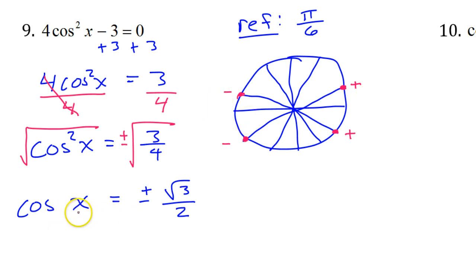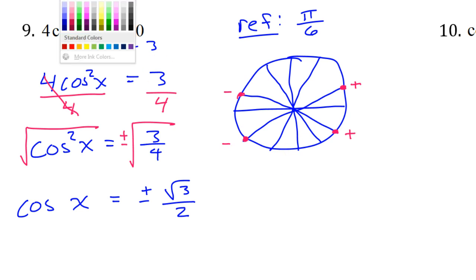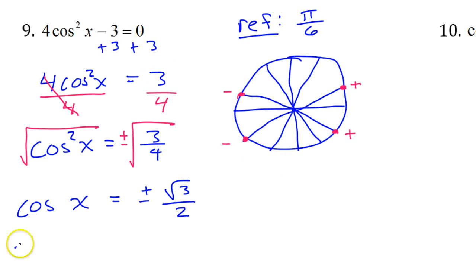Now, we want solutions that are positive or negative, all right? We have plus or minus. So we want all 4 of these angles. We're going to have 4 solutions to this equation. So x is going to equal all of these. So this first one is pi over 6. So x equals pi over 6.